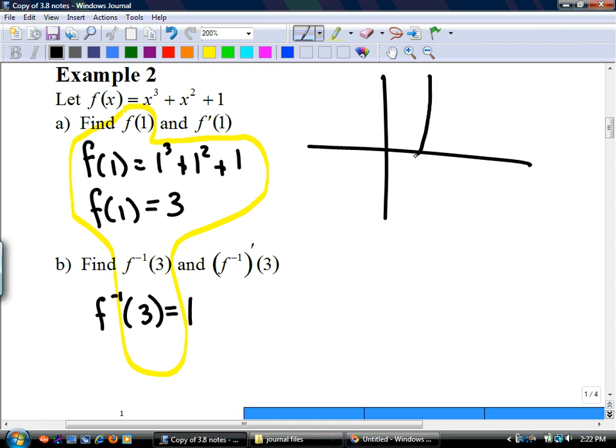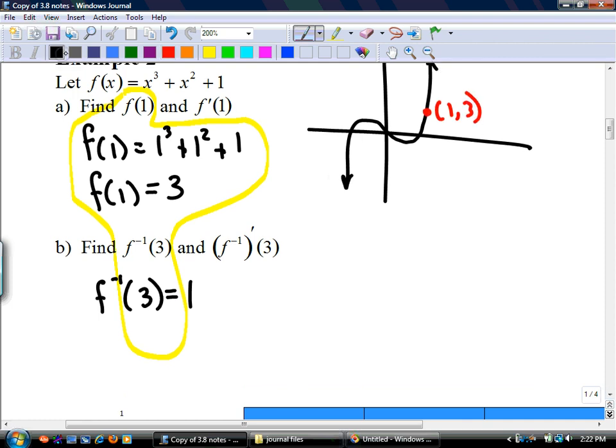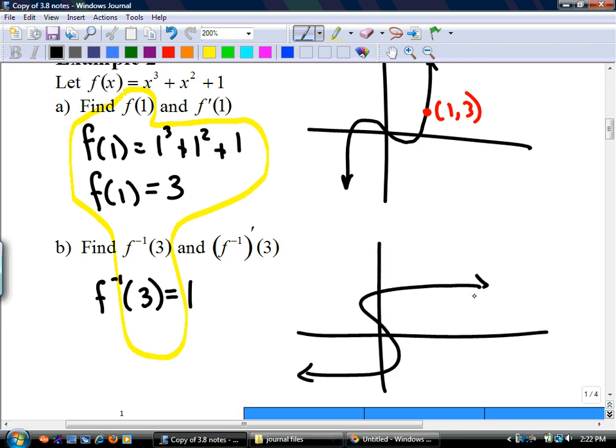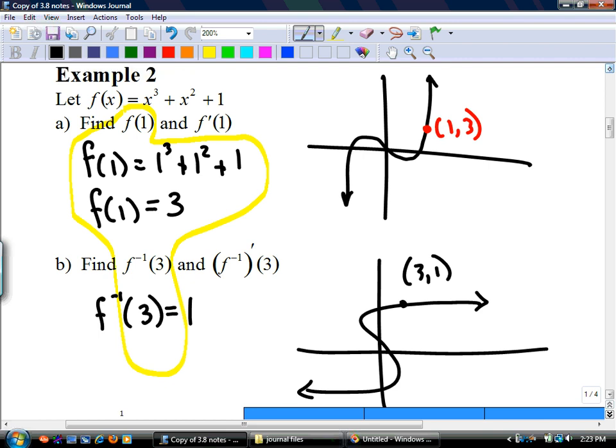So the graph, I like a picture. It helps to make it clear.